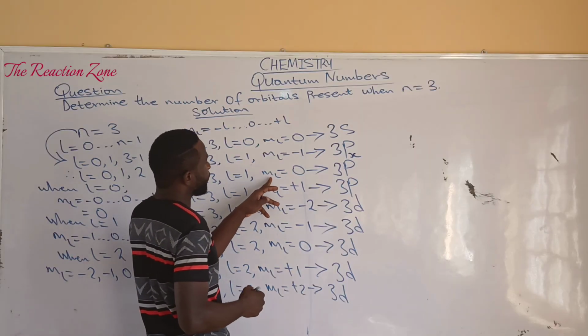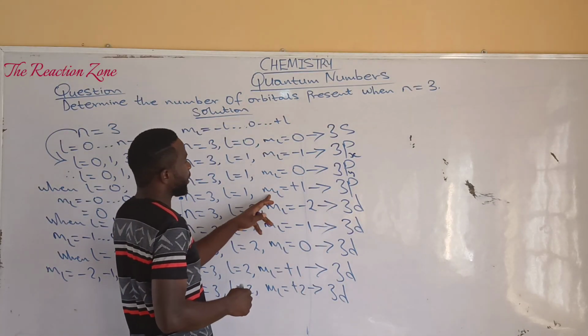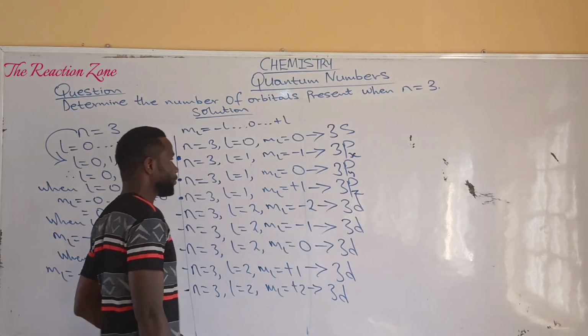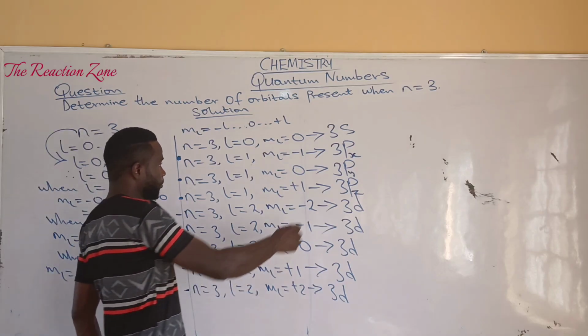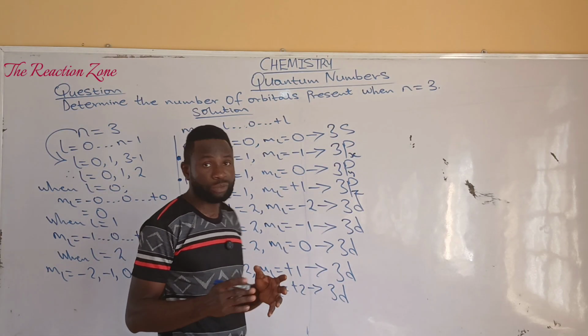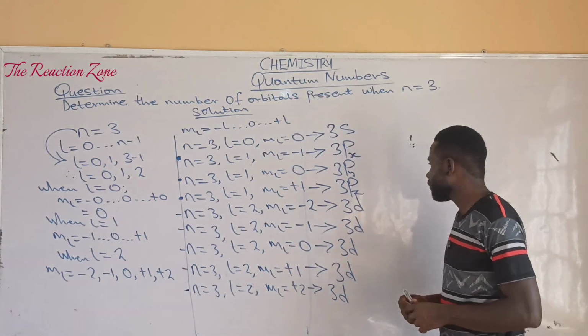For the second one, where ml is equal to 0, it is a 3py. For the third one, where ml is equal to +1, it is a 3pz. So that tells you that these p orbitals here are oriented in space in different directions.